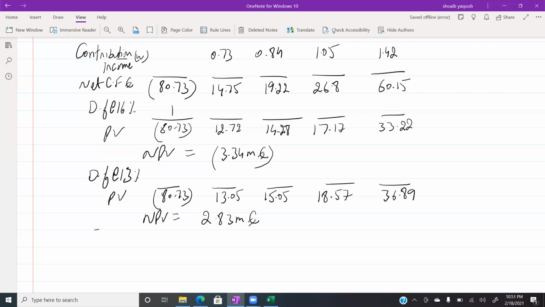Okay, that means our decision is totally based on the discount rate which we are using. If we use the discount rate 13%, the answer is positive and we should accept the project. If we are using the 16% discount rate, our answer is negative and we should not do the project. So we have to further explore the discount rate, or do further research on which discount rate is useful in this calculation.